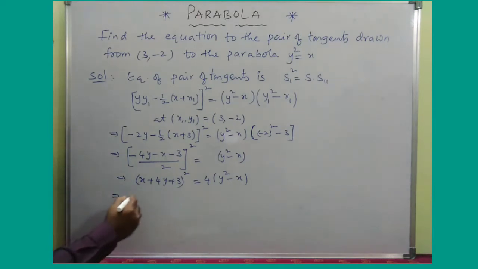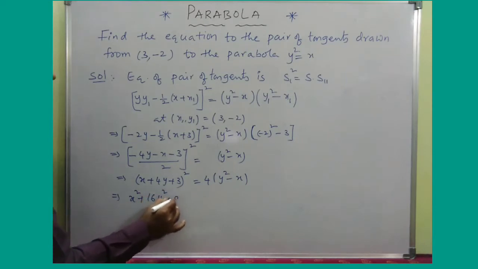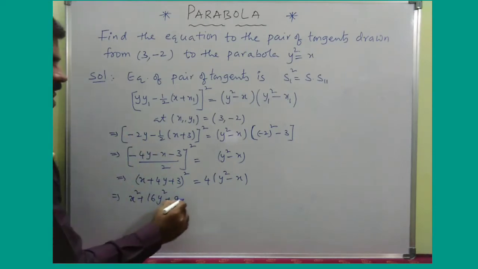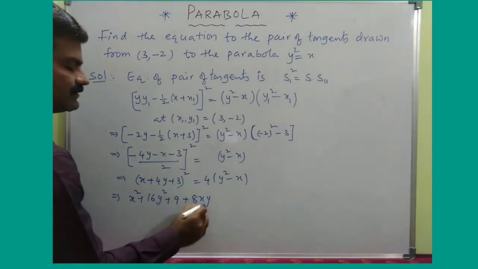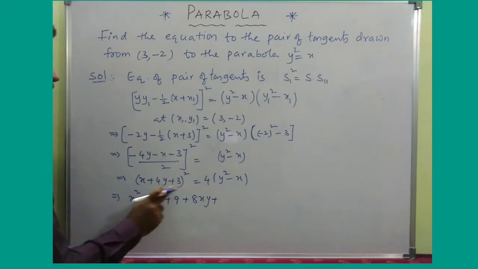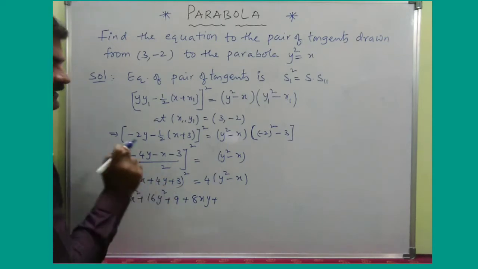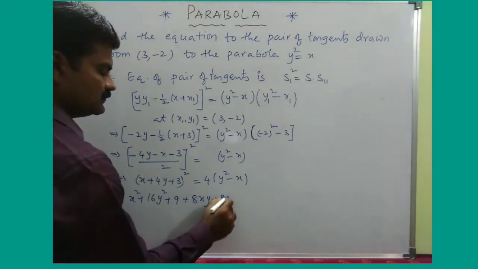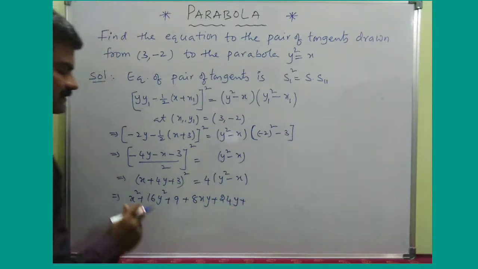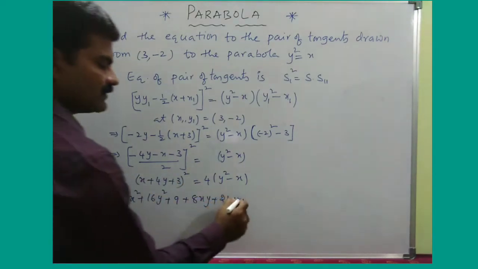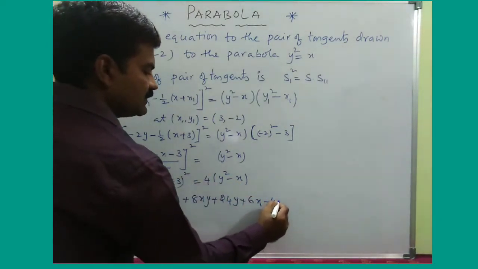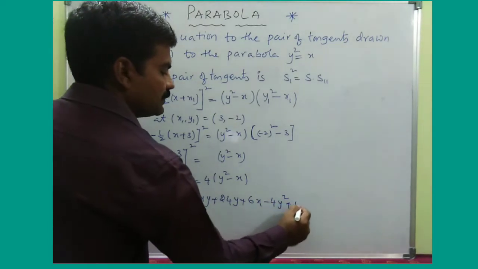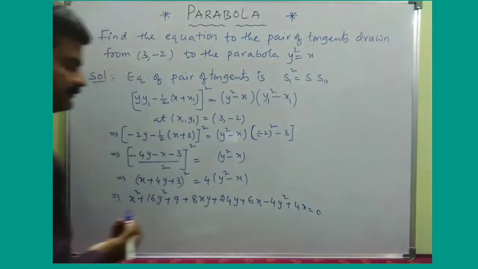Do you remember the formula? a square plus b square plus c square plus 2ab, nothing but 8xy, plus 2bc, 2 into 4 is 8, into 3 is 24y, plus 2ac, 6x, and bring these terms this side, then minus 4y square plus 4x is equal to 0.